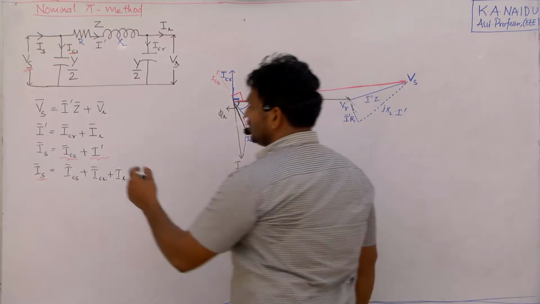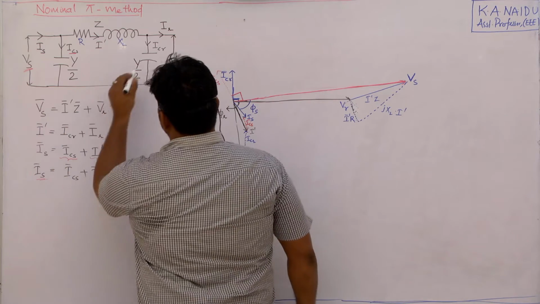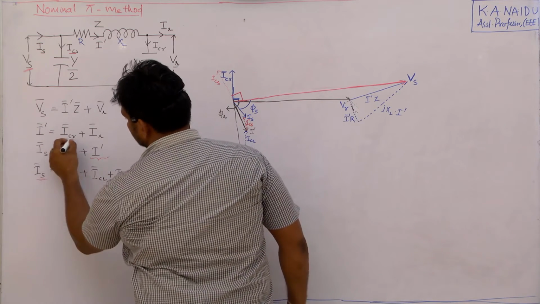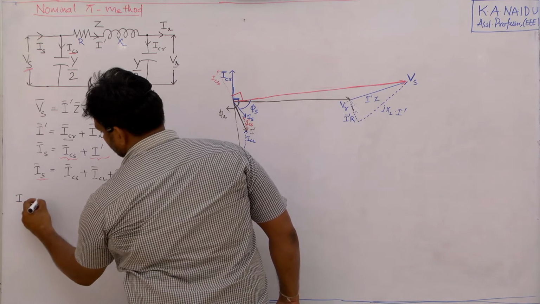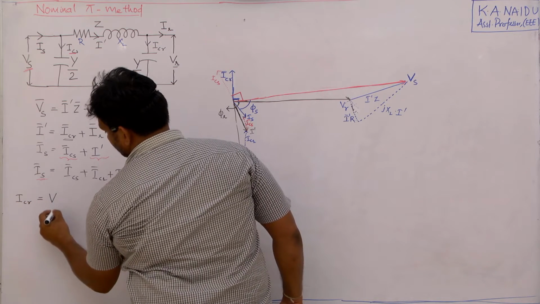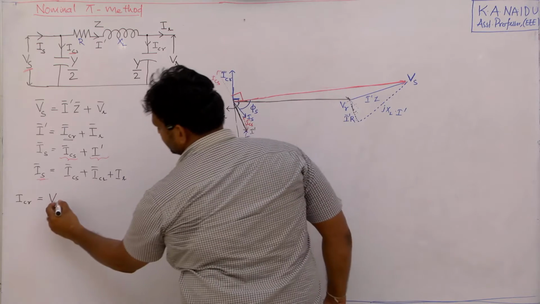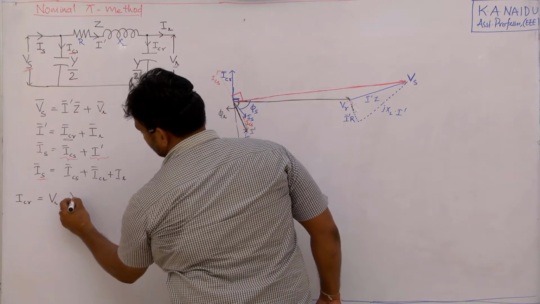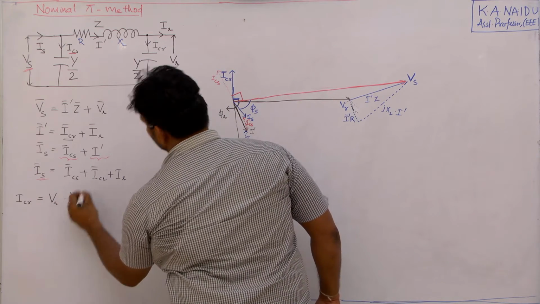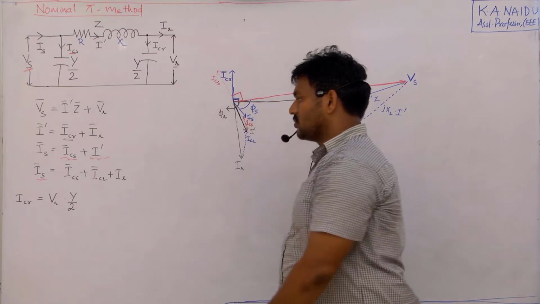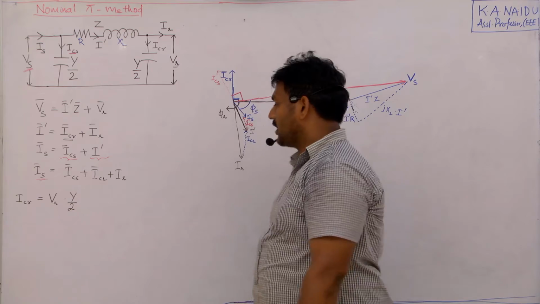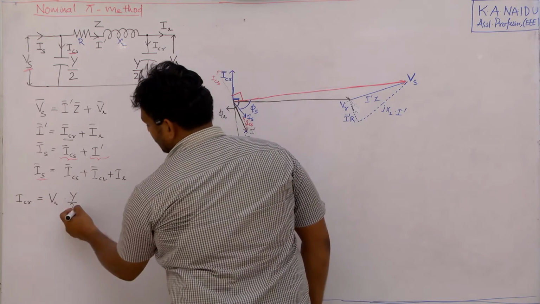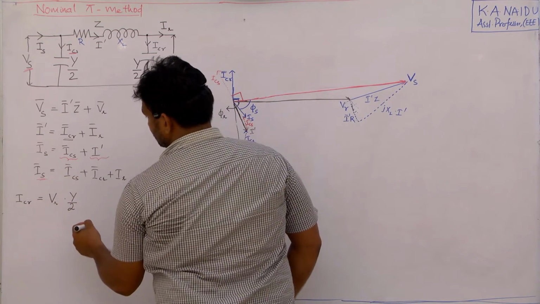So here you have the formula for ICR. You need to find ICR. ICR is equal to the voltage across this, which is VR, into the admittance Y by 2, because capacitor current is given by the formula voltage into admittance. So ICR is equal to VR into Y by 2.